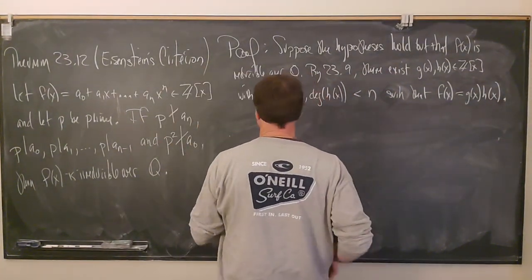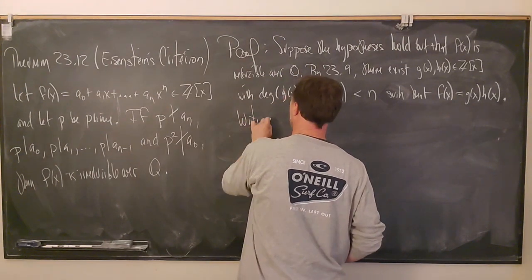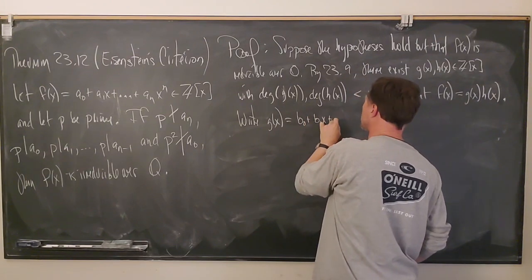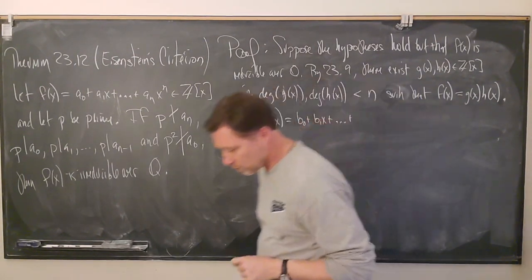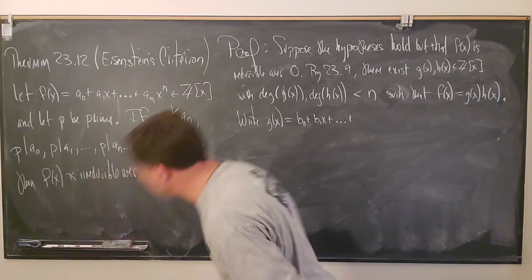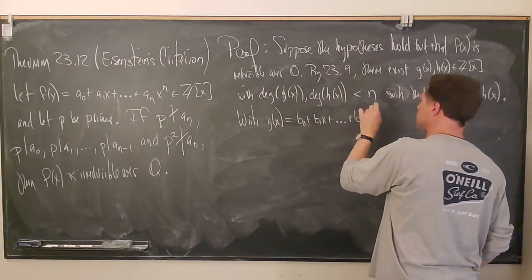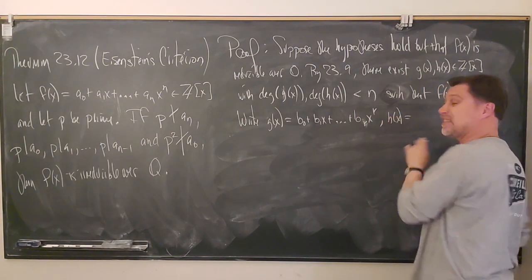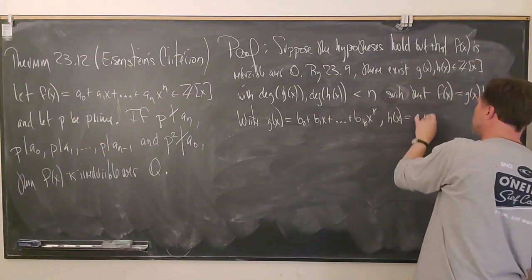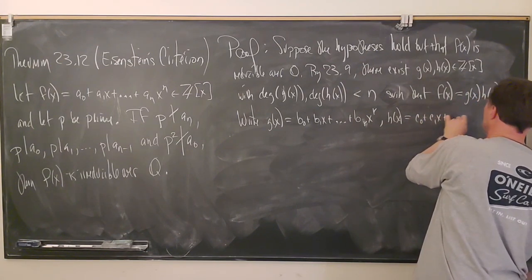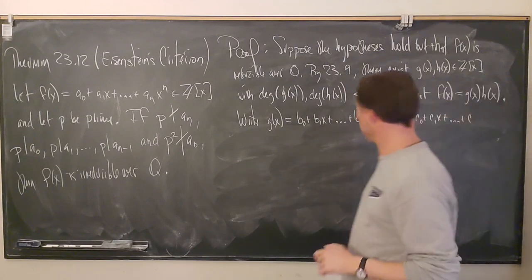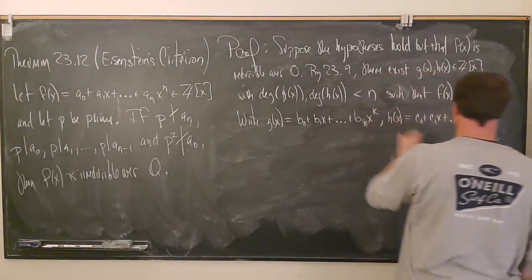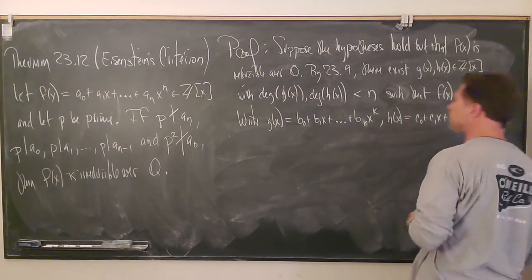Now I need to write these polynomials out, so let's write g of x. It's going to be b0 plus b1x plus dot dot dot, and we're going to go out to degree k, so that'll be b sub k x to the k. And let's write h of x. That's going to have c coefficients, so c0 plus c1x plus dot dot dot plus c sub m x to the m.